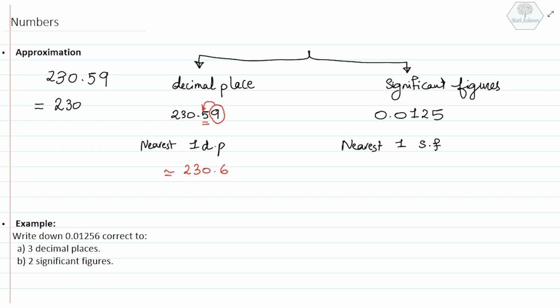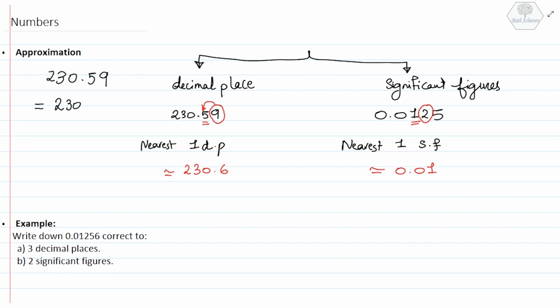The first number that is not 0 is 1, so I consider the 1 to be the first significant figure. I look at the number behind the 1, it's 2. Is the 2 greater than 5? No, it's not, so it does not give an extra 1 to the 1. So this value rounded to one significant figure will be equal to 0.01. As simple as this.